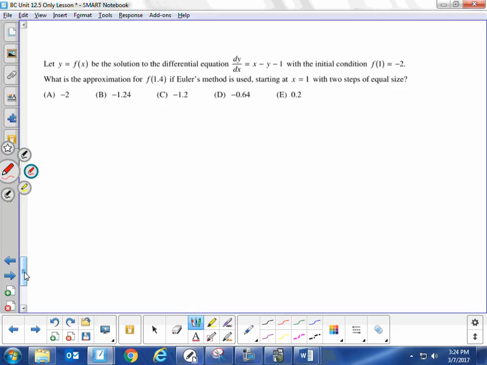Now, how the book teaches this and how most people teach this is, you can kind of come up with a formula, and there's like a table method where it's like, oh, use this and then add this, and then boom, boom, boom. But I know there's a lot of stuff to remember for the BC exam. I don't want you to remember formulas and how to do tables. I want you to remember more of the ideas and the thought process behind it.